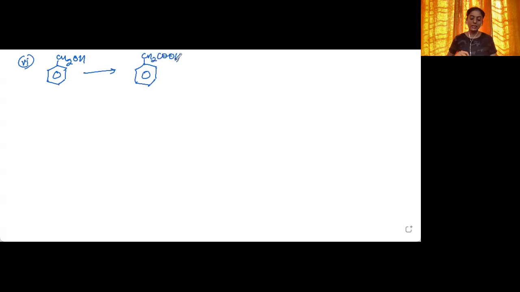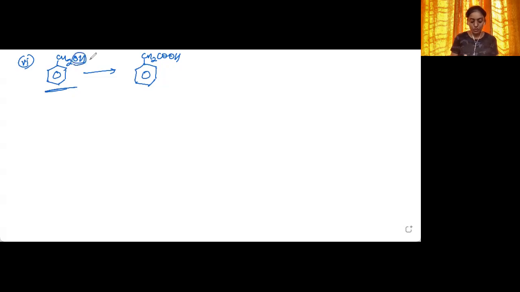Okay, this is 2-phenyl ethanoic acid. How to convert this? We need to introduce an extra carbon. So I have already told you, when we need to introduce an extra carbon, we need to convert the molecule into cyanide. Now we do not have any method to convert an alcohol into cyanide directly.